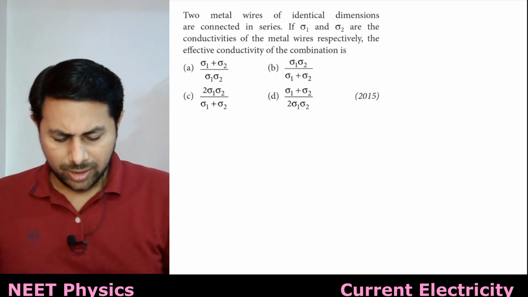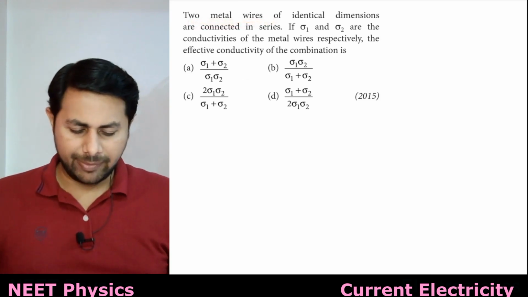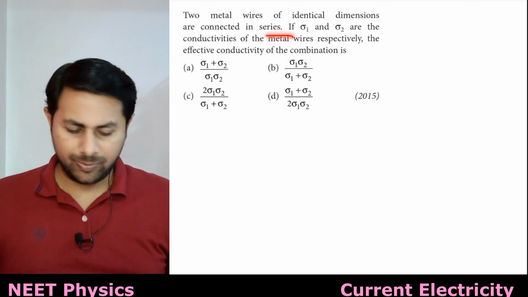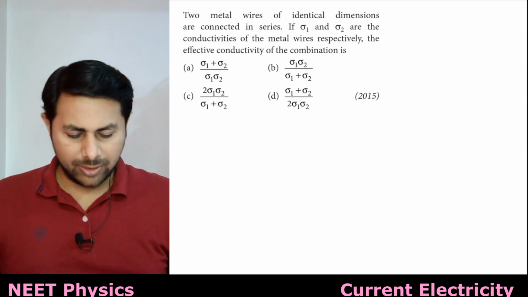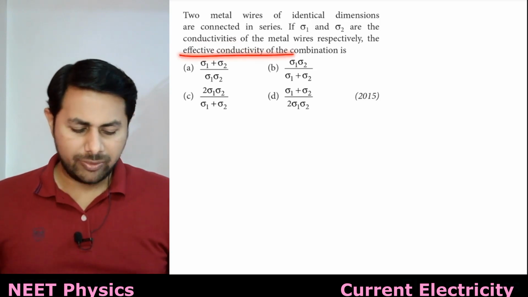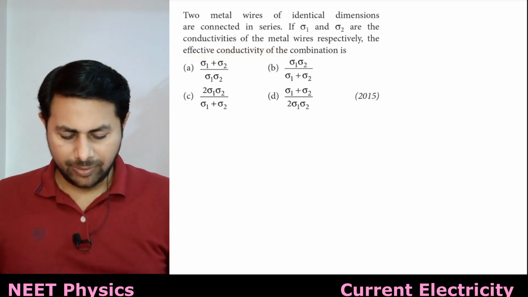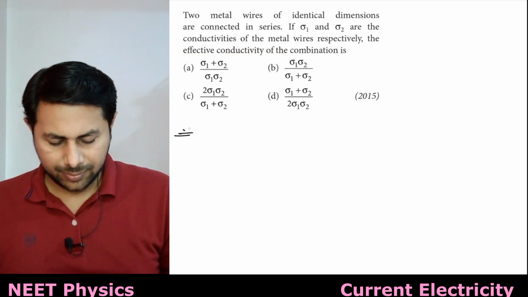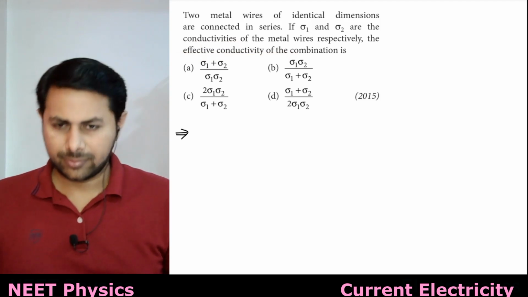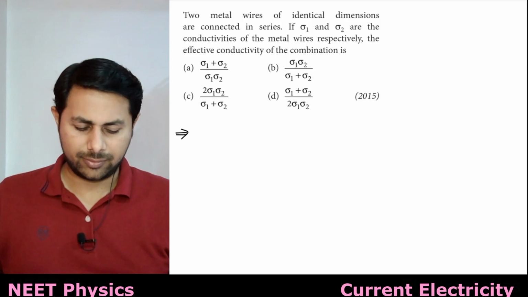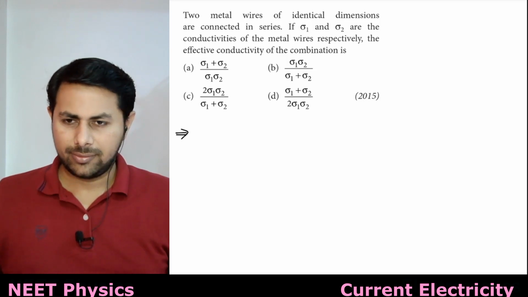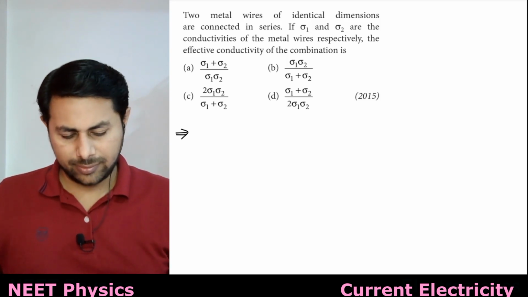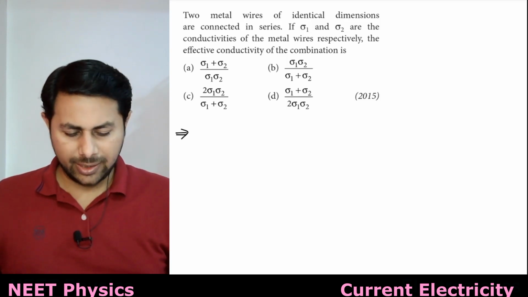Let us see some problems based upon these things. Two metal wires of identical dimensions are connected in series. If sigma 1 and sigma 2 are the conductivities of the metal wires respectively, the effective conductivity of the combination is, tell me. There are two wires connected in series and they have identical dimensions.